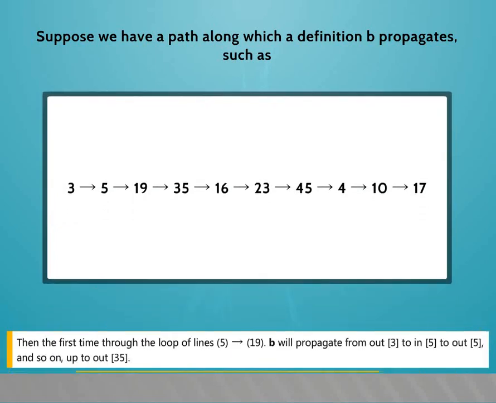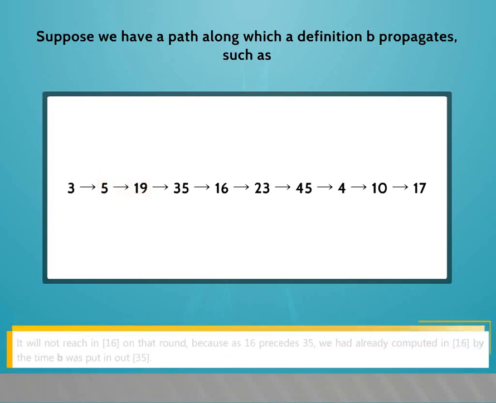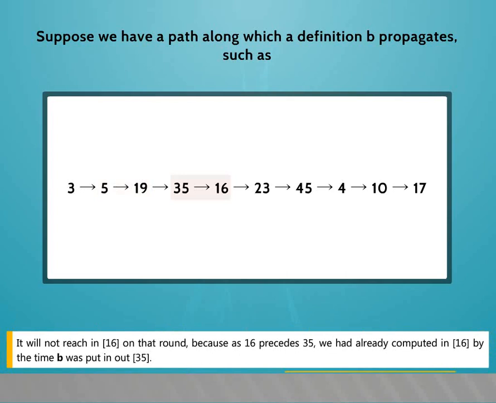Then, the first time through the loop of lines 5 gives 19, B will propagate from out of 3 to in of 5 to out of 5 and so on up to out of 35. It will not reach in of 16 on that round, because as 16 precedes 35, we had already computed in of 16 by the time B was put in out of 35.